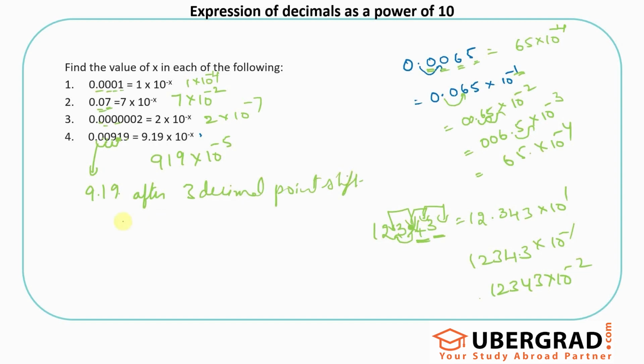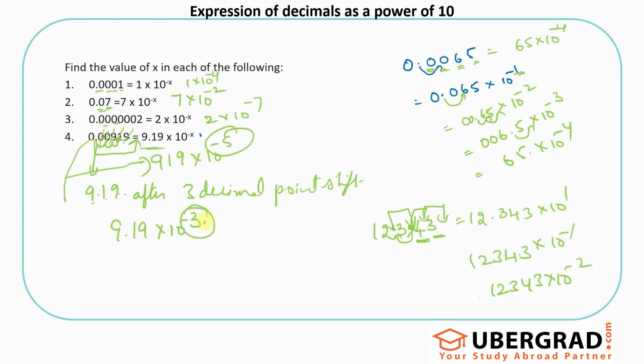That means this is basically 9.19 into 10 power minus 3. 0.00919 becomes 919 by shifting the decimal 5 places to the right. That is why I am writing 10 power minus 5. But for 9.19, it needs to shift only 3, 009. So that's why I am writing 10 power minus 3.